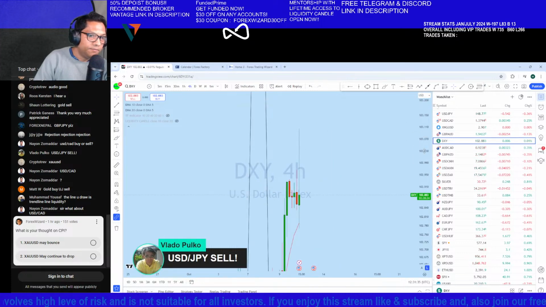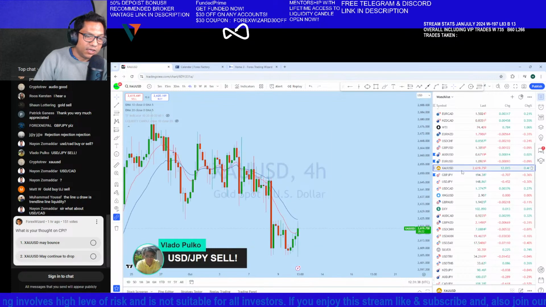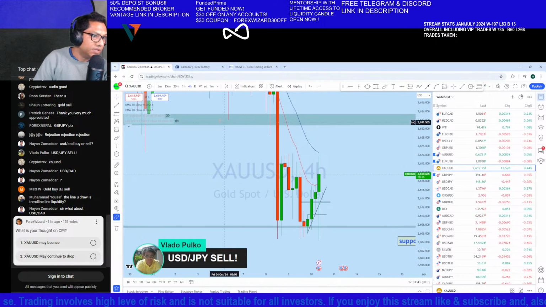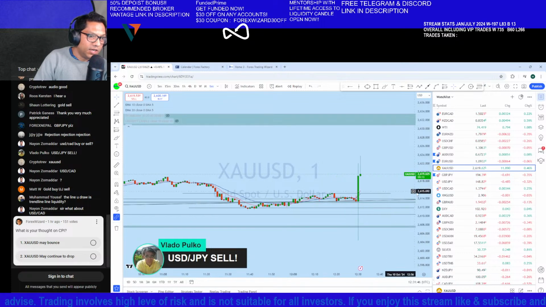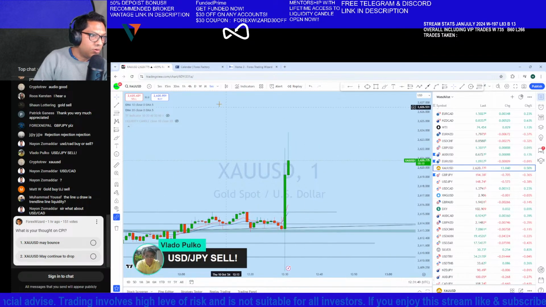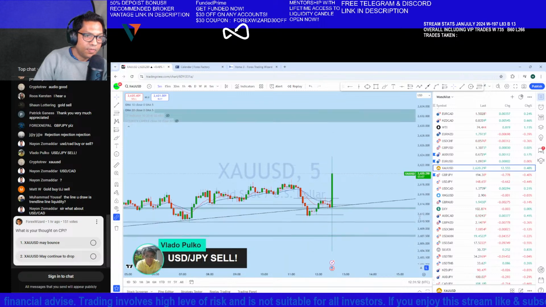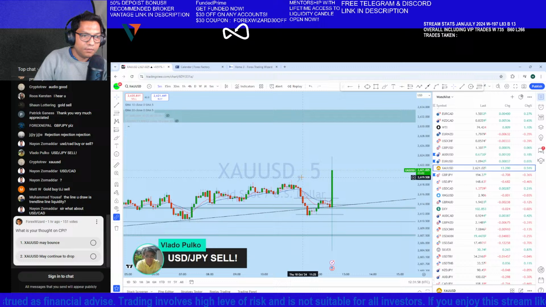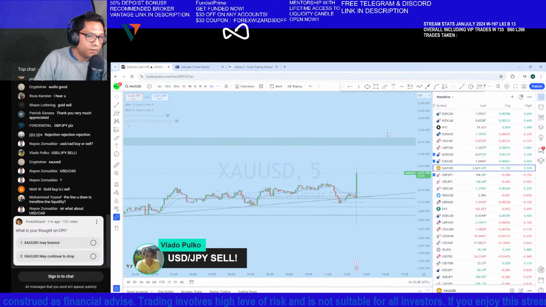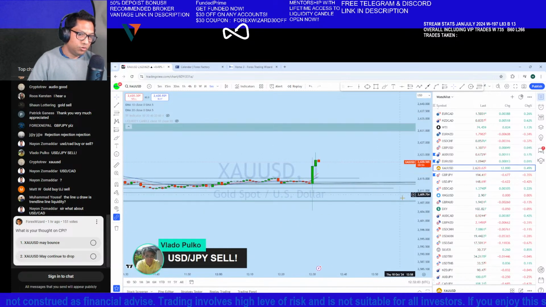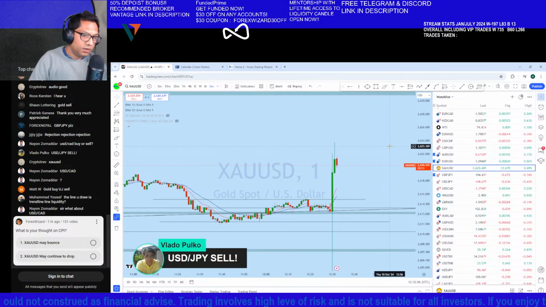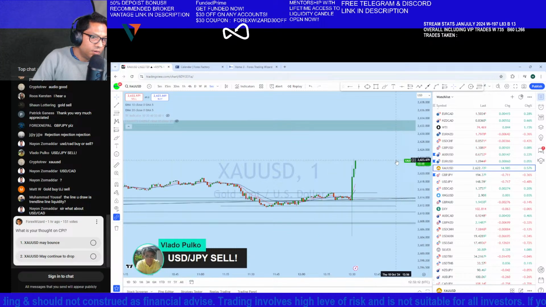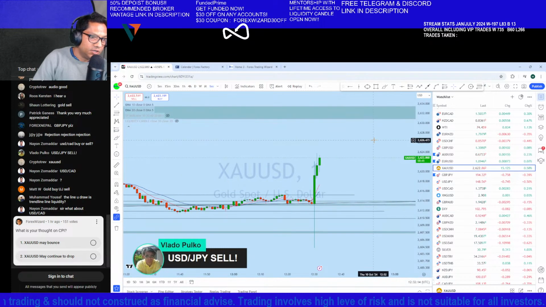But on XAUUSD, just after grabbing this massive amount of liquidity, we might see the price continue to rise. Okay, here we need to wait, and we may see the market keep pushing high.